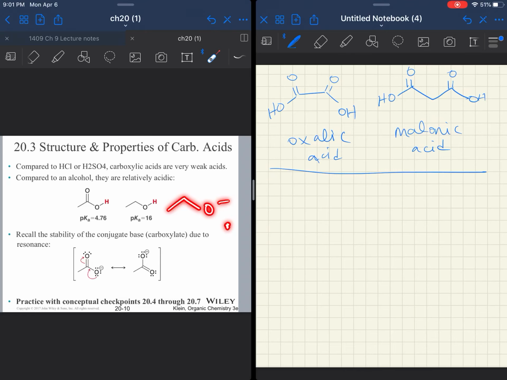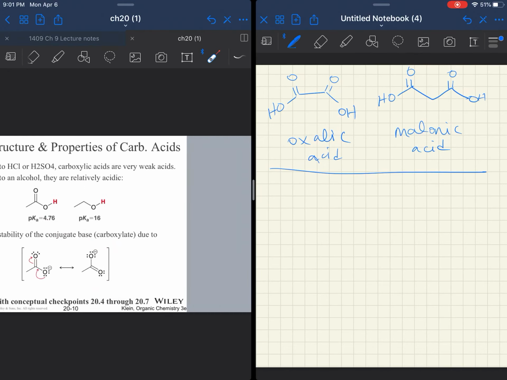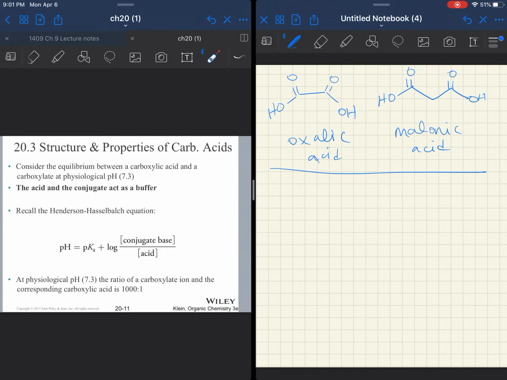But what makes this so much more acidic is that resonance. If you took the hydrogen off of ethanol, you wind up with this guy, and that negative charge on that oxygen is just stuck there. Whereas on the carboxylic acid, it spreads out. Both oxygens share that burden, so this is a lot more stable. And if it's more stable, that means it's a weak conjugate base. A weaker conjugate base means that we have a stronger acid in comparison to the water.